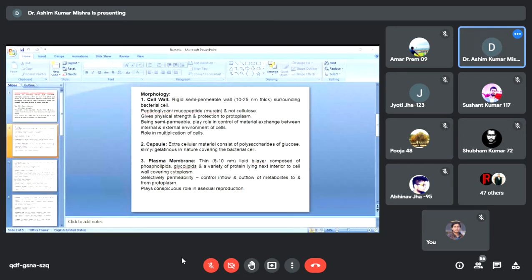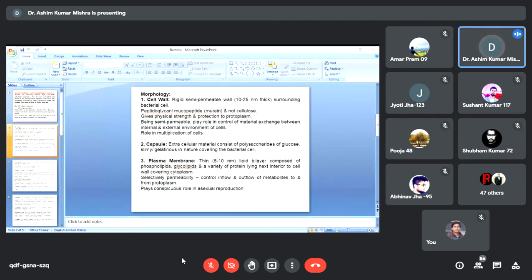Then cytoplasm. This is the gelatinous mass of protein, lipids, carbohydrates, nucleic acid, salts, and inorganic ions. The spelling is incorrect, but I made the slide only today, because I'm not habituated to teaching with PowerPoint, only blackboard and chalk extempore. But now, for this online class, I have to make slides for you. All these are dissolved in water, either in granular form or in the form of a transparent fluid.